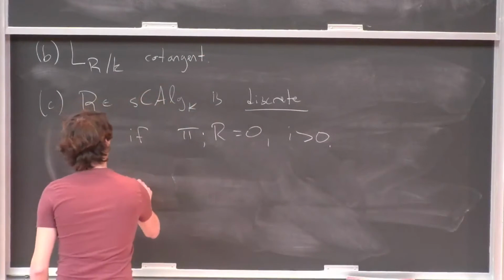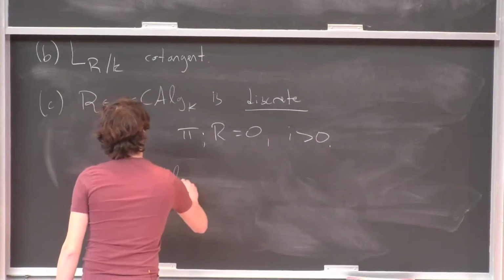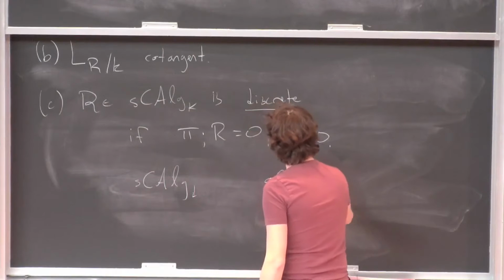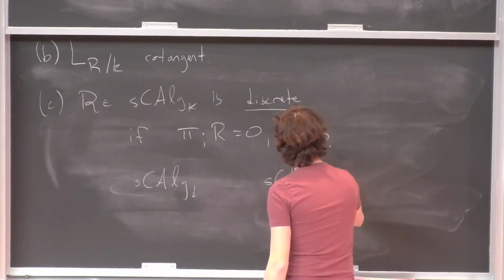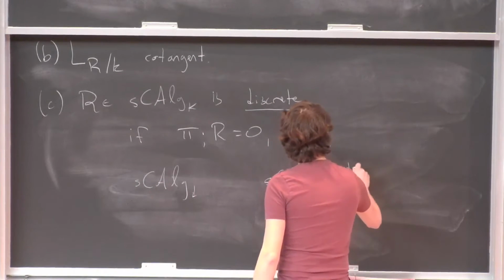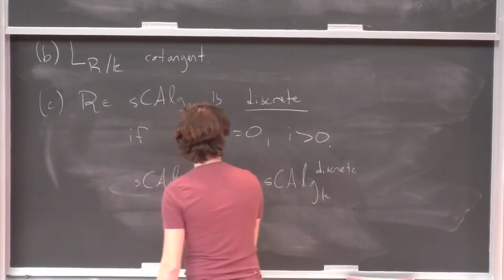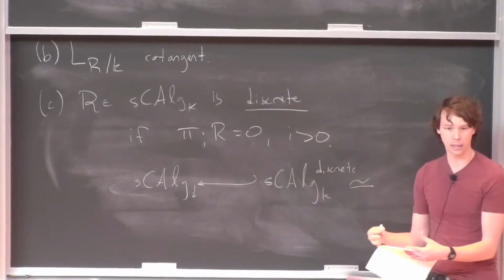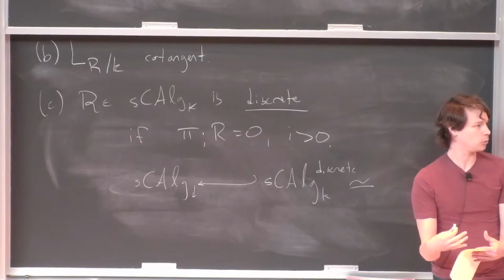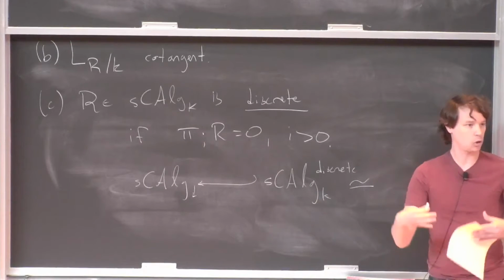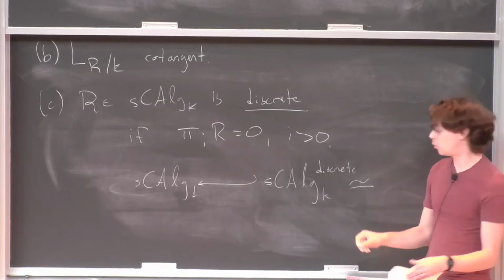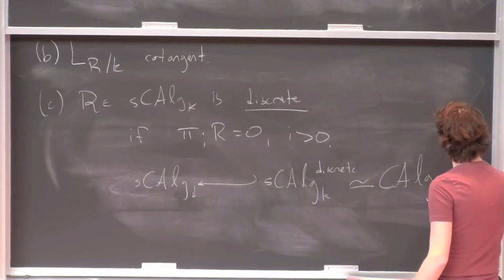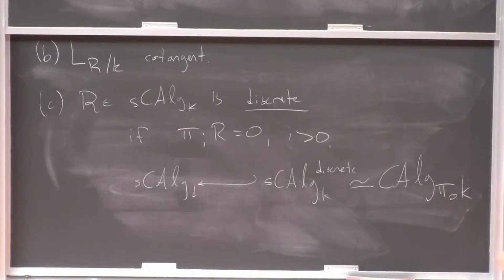And then what happens, there's a full subcategory, I'll just write K-discrete, sitting inside here. The whole homotopy theory of discrete simplicial commutative K-algebras is equivalent to ordinary commutative algebras over pi_0 of K. So K was some simplicial commutative ring.